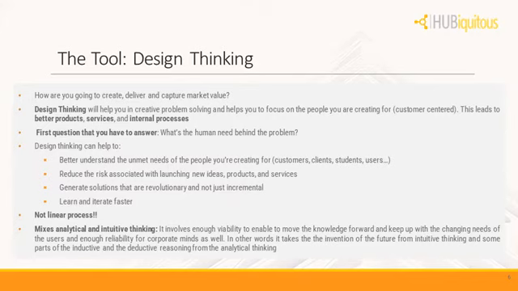And you are also going to reach enough reliability for these corporate minds that need everything to be shared and precise. In other words, you are going to take the invention of the future from the intuitive thinking, the thinking out of the box, and some parts of the inductive and deductive reasoning that is related to the analytical thinking.